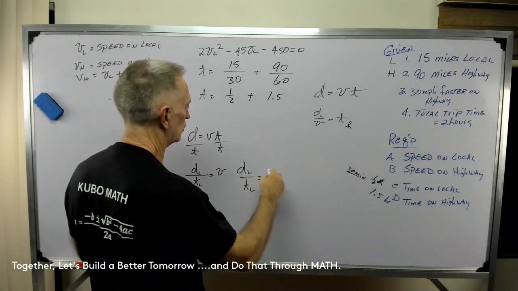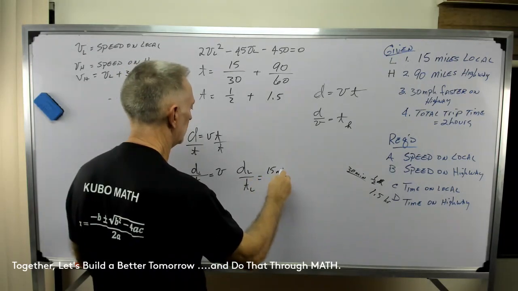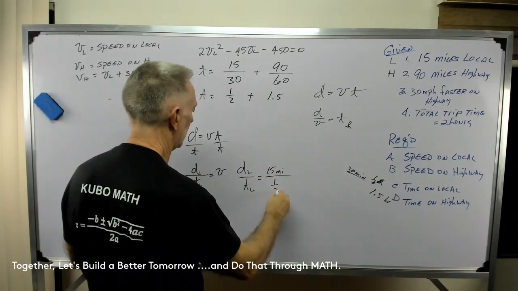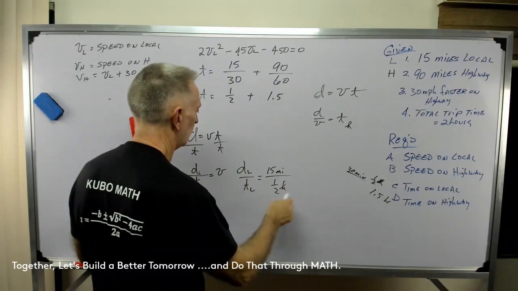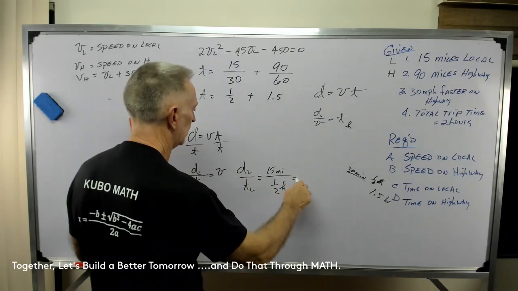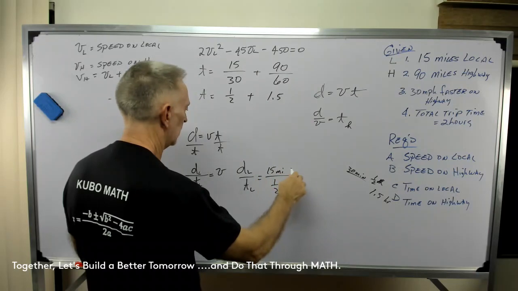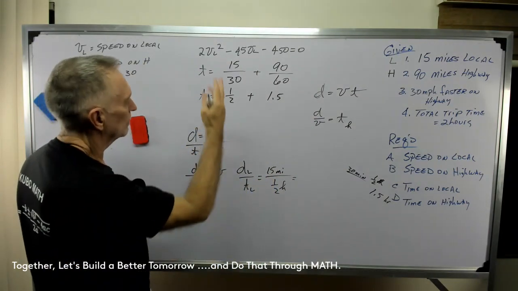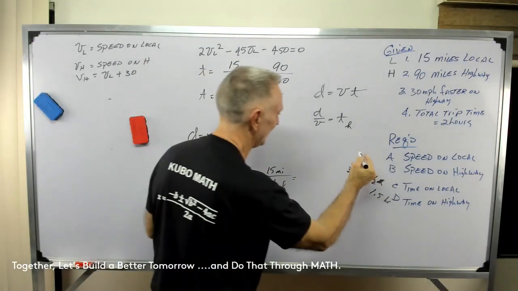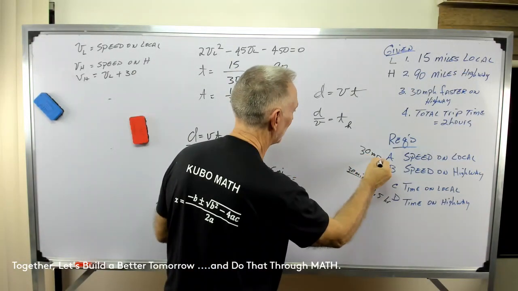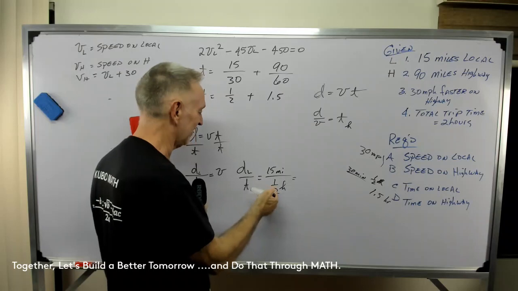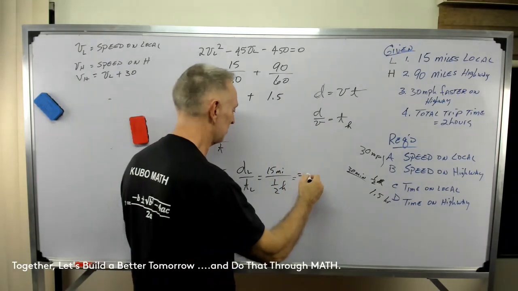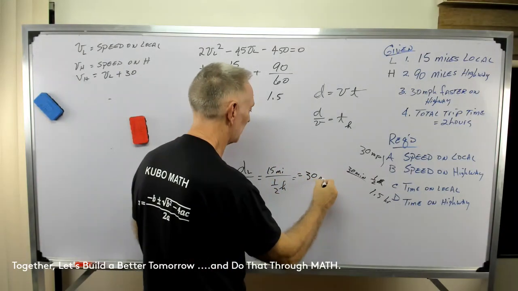So I have distance was 15 miles divided by 1/2 hour. That gives me, we already know he was driving 30 miles per hour. Flip this up and it ends up being 30 miles per hour.